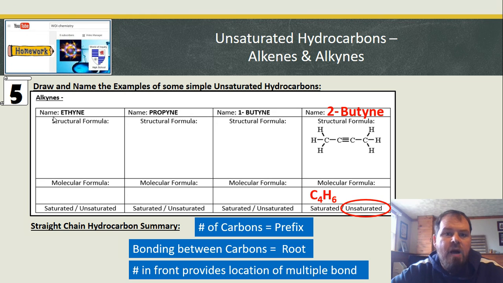So it would be butadiene or butadiyne. It would just change the amount of hydrogens I would have. But I just wanted to throw that out there that I could have more than 1 double bond, and then I would have to put a di in front of the ene or the yne to show me. I believe that comes up in the practice, and we'll probably do that in class together. I just want to throw that out there because it didn't come up in these examples.